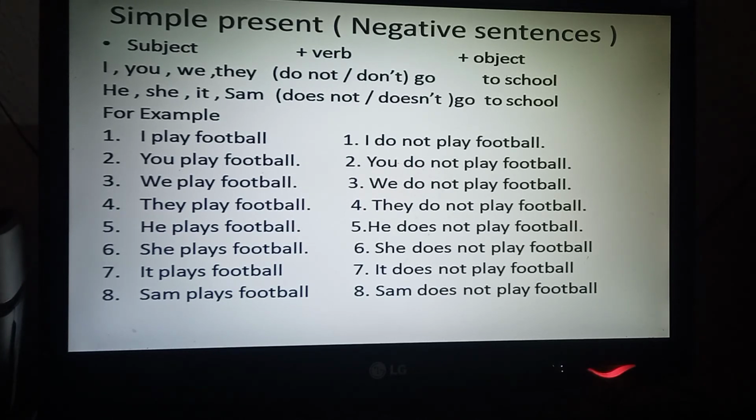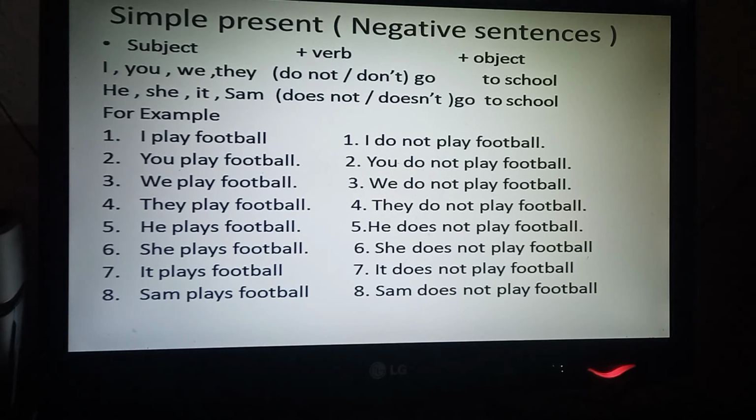Now, in another one, you can see when you're talking about the third person, then he plays, you are going to add s to make a simple present tense. But for a negative sentence, you are not going to add s. The sentence will be, he does not play football. She does not play football. It does not play football. Sam does not play football.